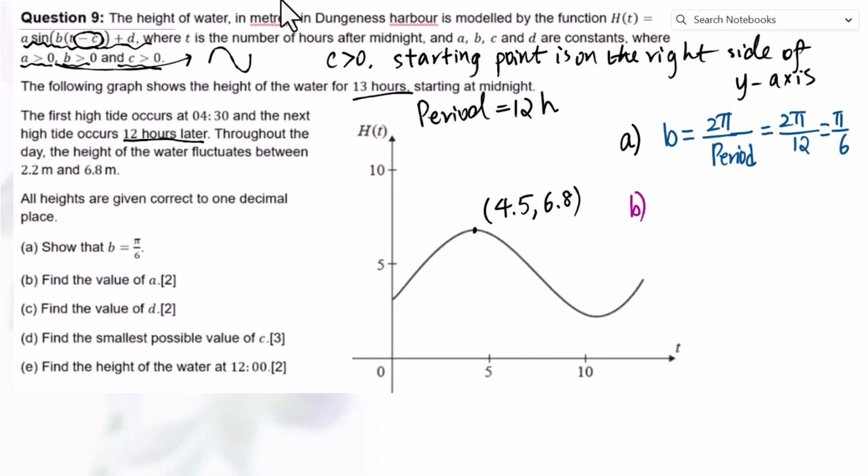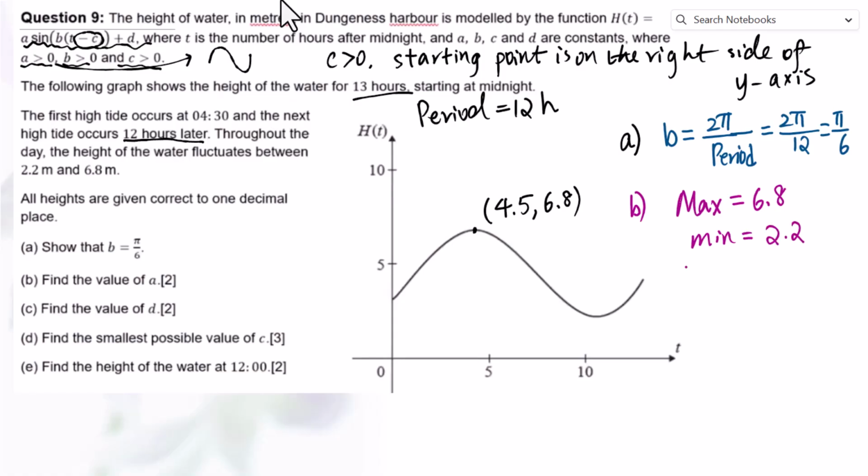Find the value of A. We are given the maximum height is 6.8. Minimum height equals 2.2.